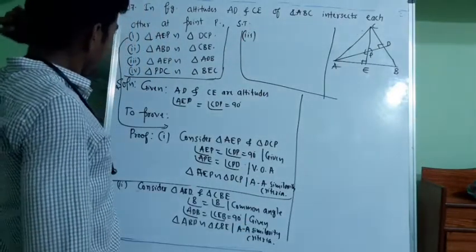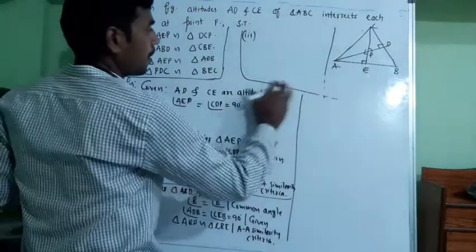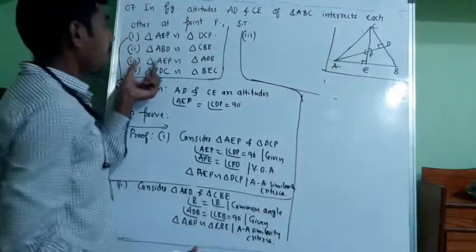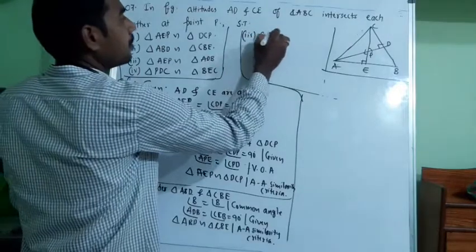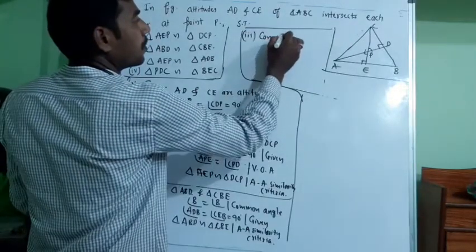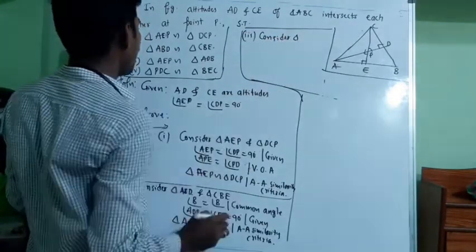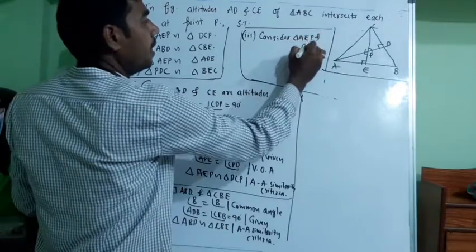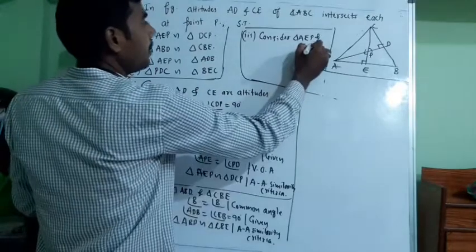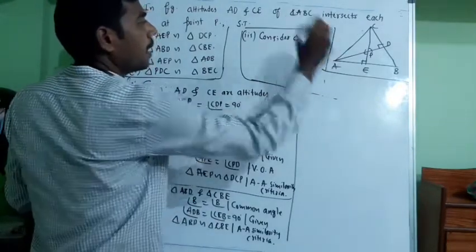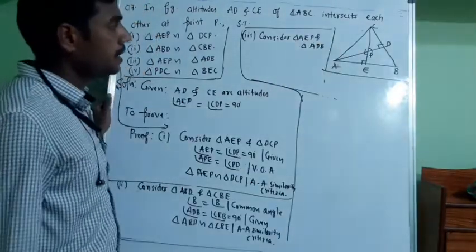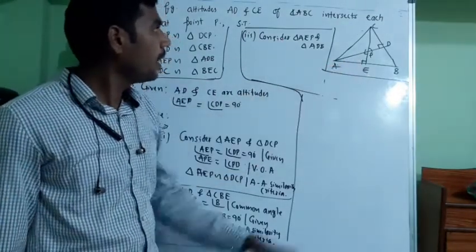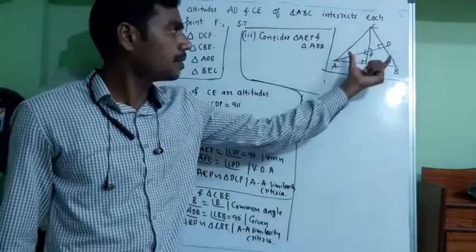Next, the third one I will prove here. Consider triangle AEP and triangle ADB. Where is AEP? AEP and ADB, these two triangles.